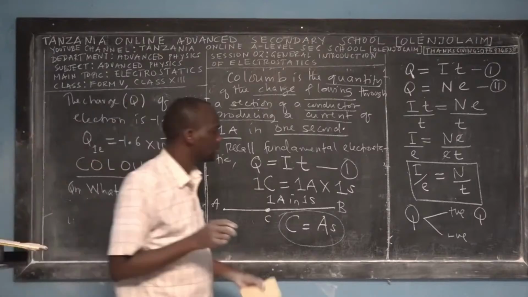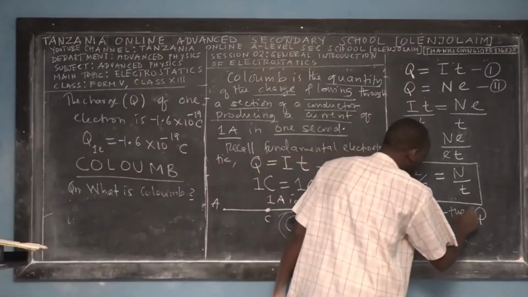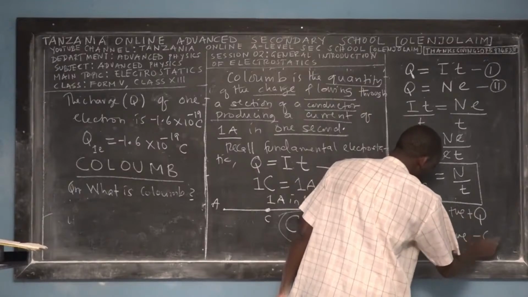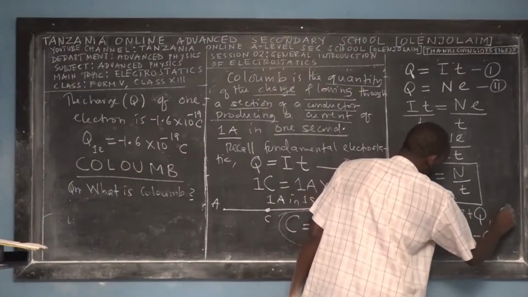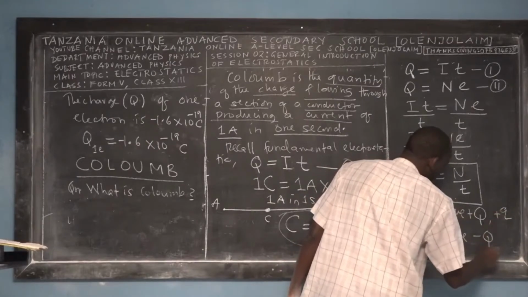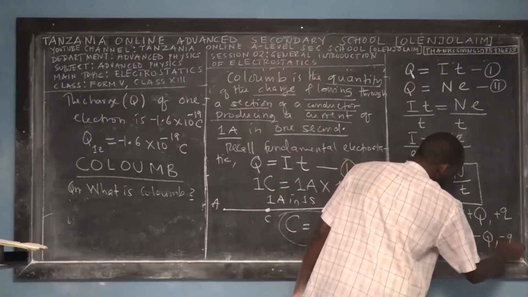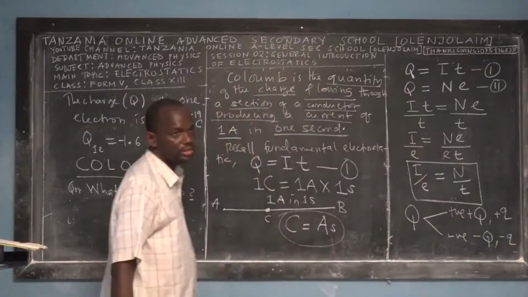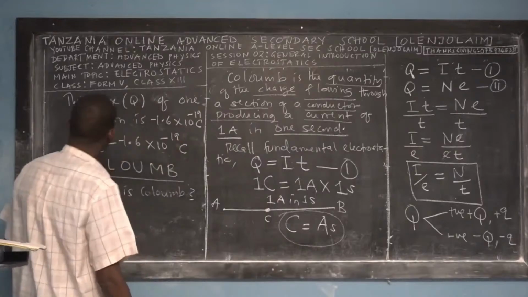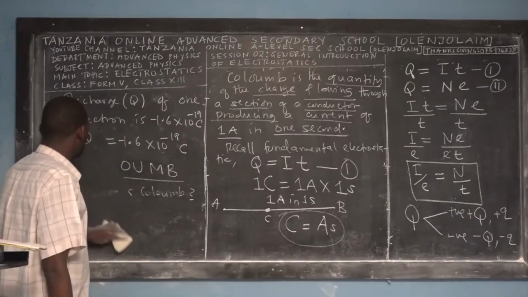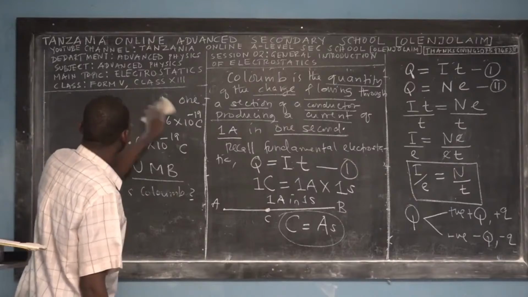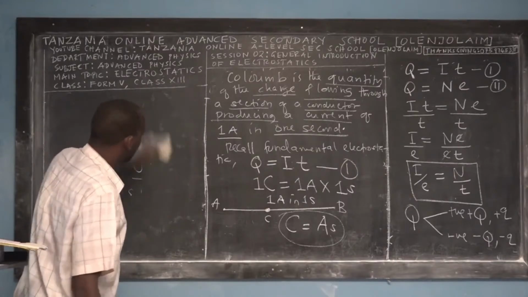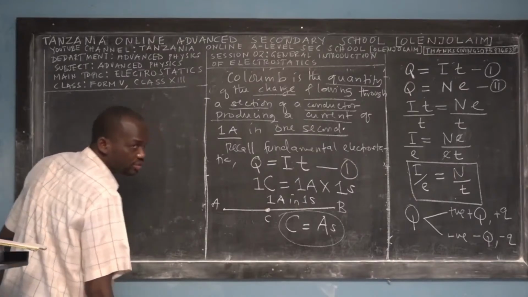Yes, I remembered. This is written as positive and this is written as negative. If we use lower case, this is positive q, and the other is negative q. Whenever you see positive q, it means positive charge. Whenever you see negative q, that is negative charge.